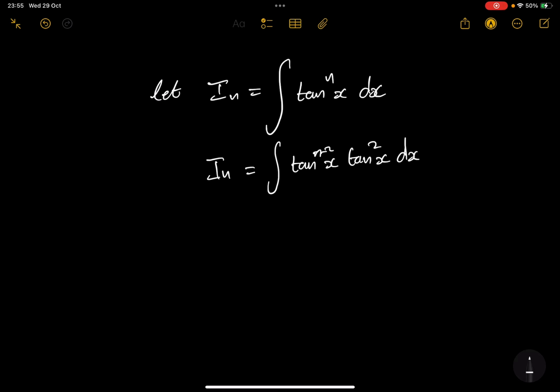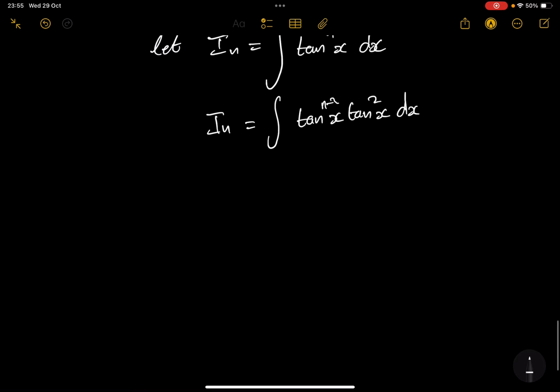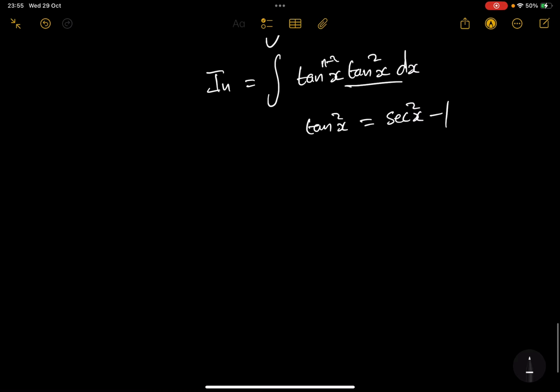We are factoring out tan squared x, so n minus 2, right? So we know that tan squared x is equal to what? It is equal to sec squared x minus 1, right? So that's what you're going to substitute here.